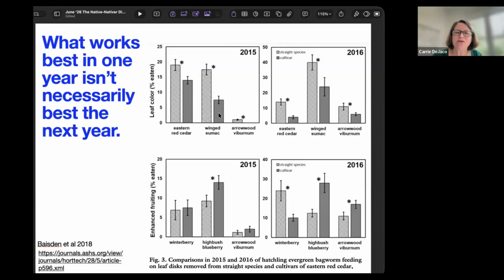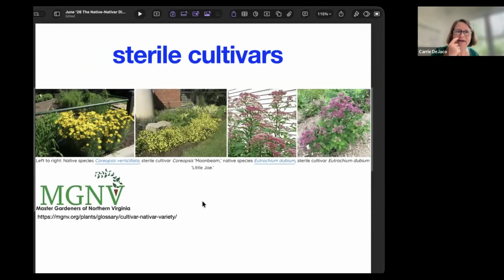Do we want the winged sumac or the arrowwood viburnum that has the leaves that have more red pigments all year long? Is that something that we want to emphasize in our garden, or do we want to emphasize variability within those individuals to provide the wildlife with a more diverse salad bar from which to choose the foods that they want?